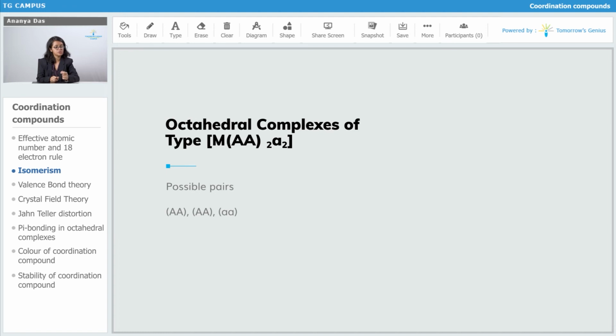Then we have the next possible pair. In the next possible pair, A is trans to A, again capital A is trans to capital A and small a is trans to small a. So small a is trans to small a, as well as the trans pairs are getting repeated. So this is also optically inactive.